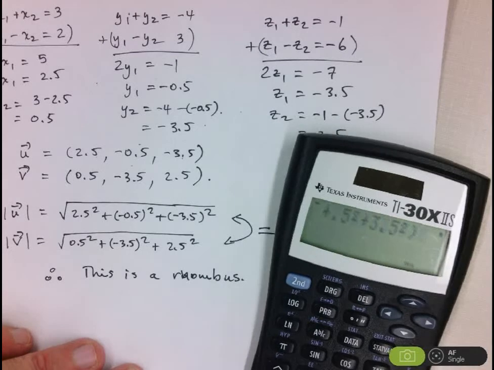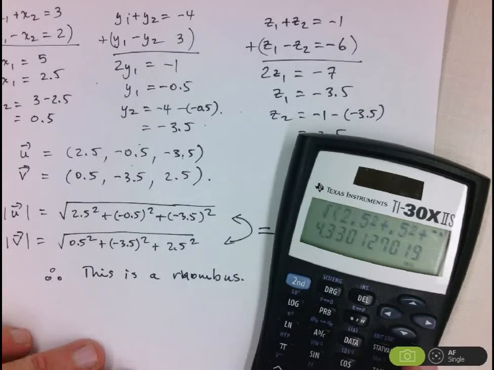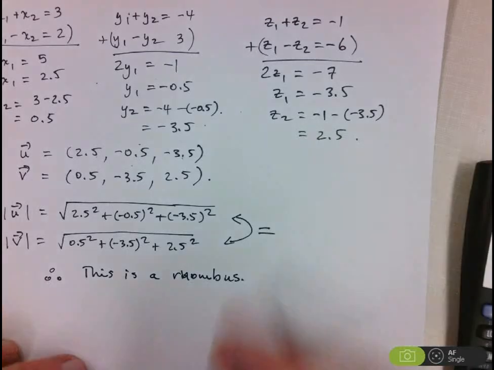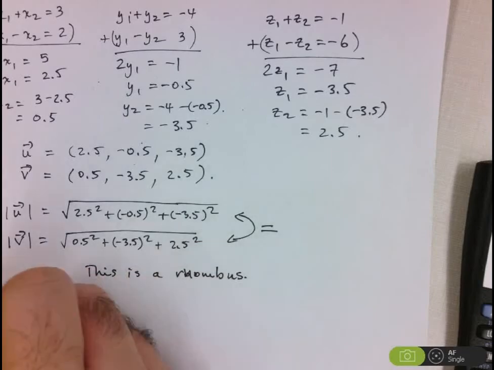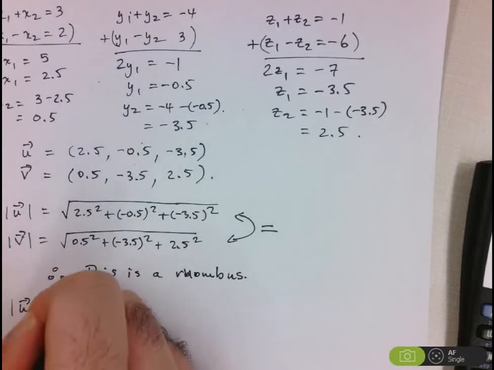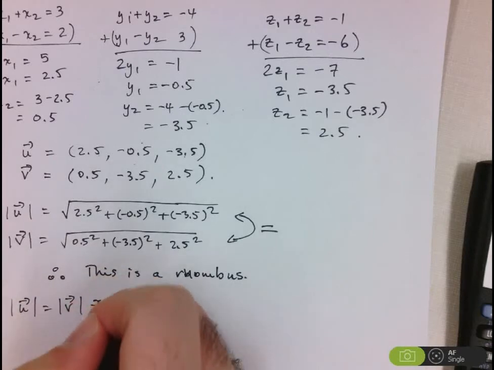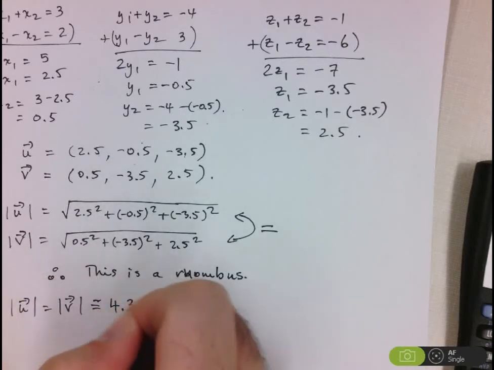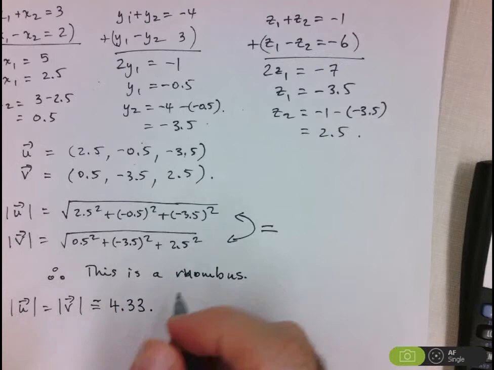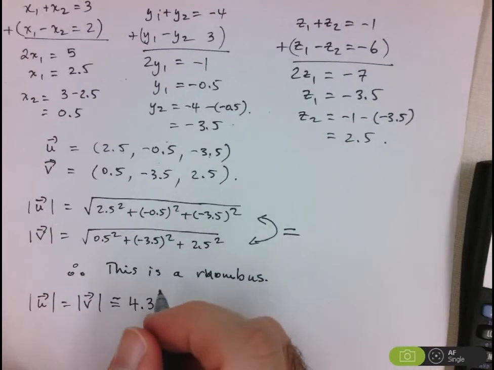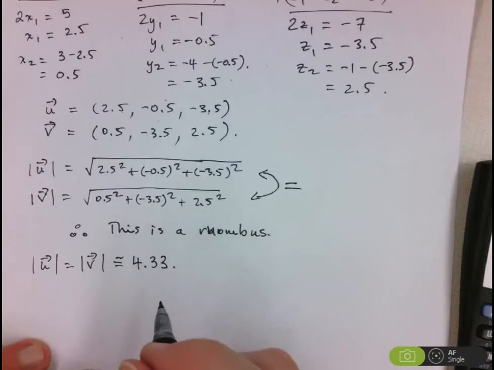Okay, close that off, and what do we get? We get 4.33. Okay, so the magnitude of u, which is equal to the magnitude of v, is approximately equal to 4.33. Okay, for both of them, so no need to find the other two sides.